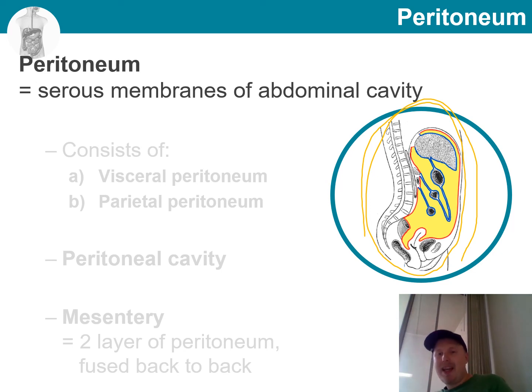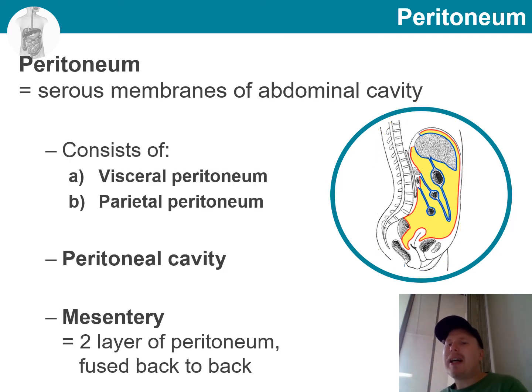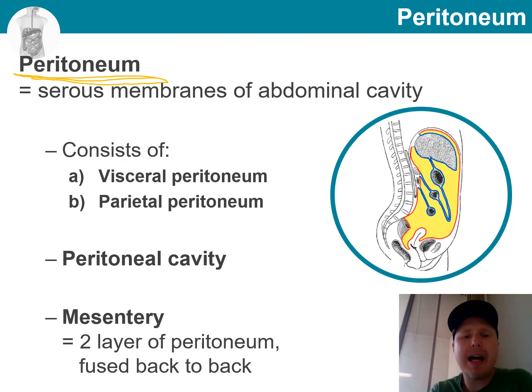And what I want to highlight here is that we often discuss structures in relation to their location regarding the peritoneum. So we can have retroperitoneal structures. These are behind the peritoneum, like kidneys.